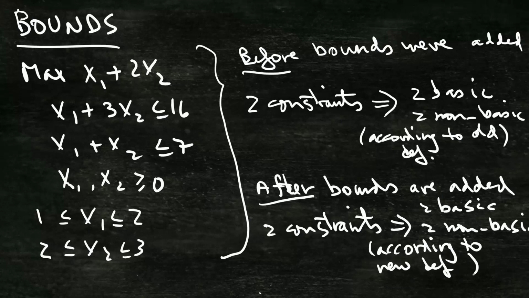So we can state without proof that 2 of the variables will be floating and 2 of the variables will be at one of their bounds.